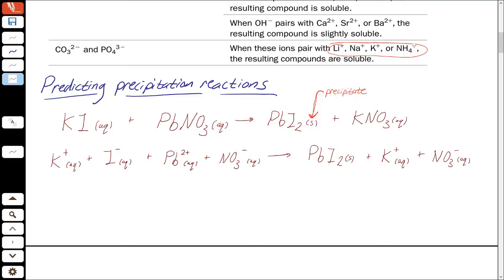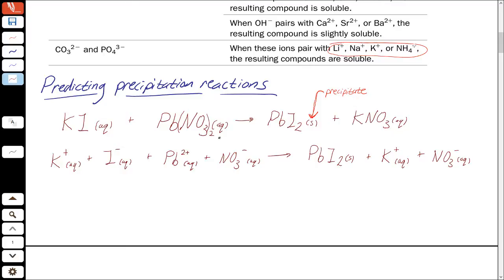We should also probably note here that these equations are not balanced, so let's take a minute and balance them. We need 2 iodides here, which means we need 2 nitrates over here. Oh, wait. Hold on. Nobody noticed my big mistake here.